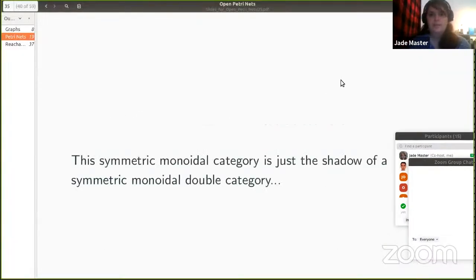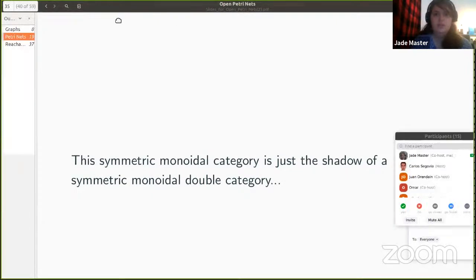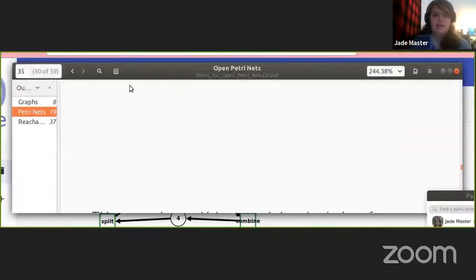Right, so this is really just the shadow of a different sort of symmetric monoidal category, of a double category, which I'm going to describe on my tablet.